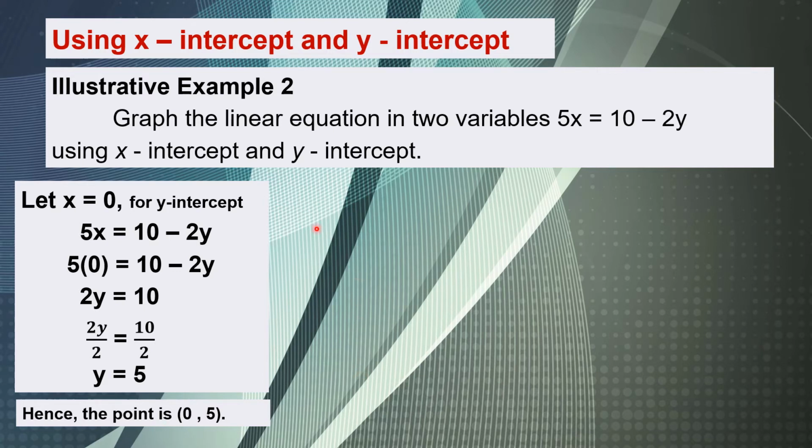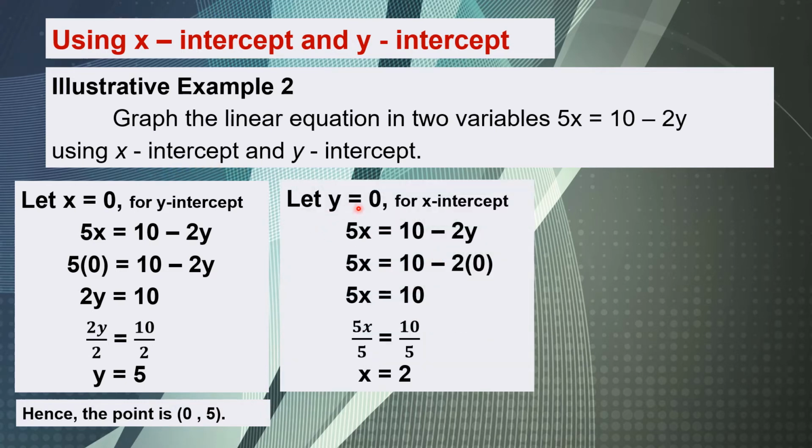So, next step is hanapin naman natin ang x-intercept. So, para mahanap ang x-intercept, gawin naman nating 0 ang ating y. So, papalitan lamang natin ang ating y dito ng 0. So, just copy 5x equals 10 minus 2 times yung ating y is 0. And negative 2 times 0 is 0.